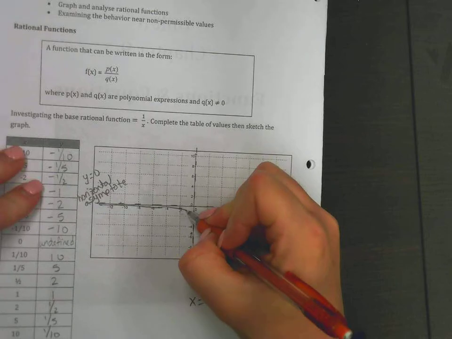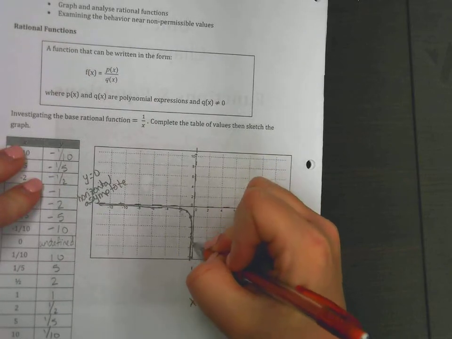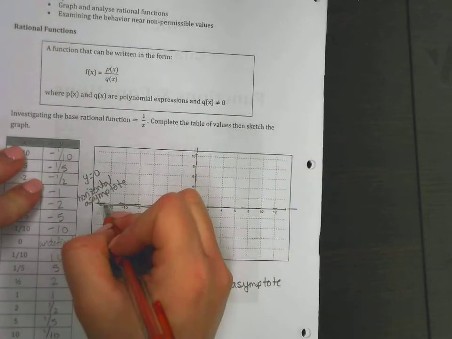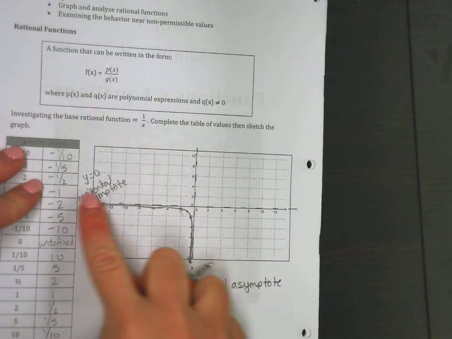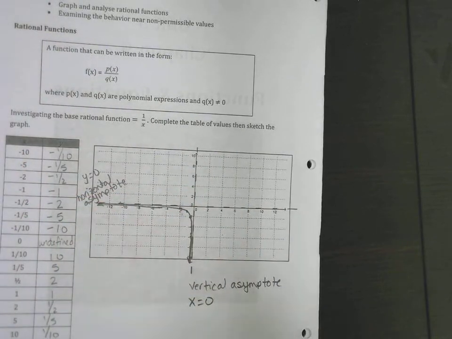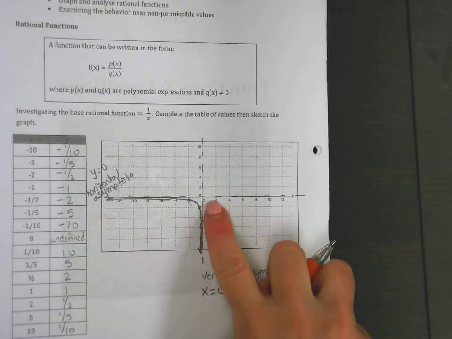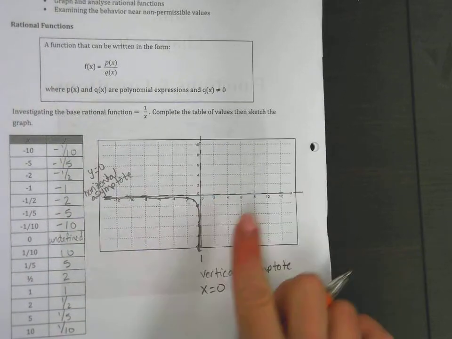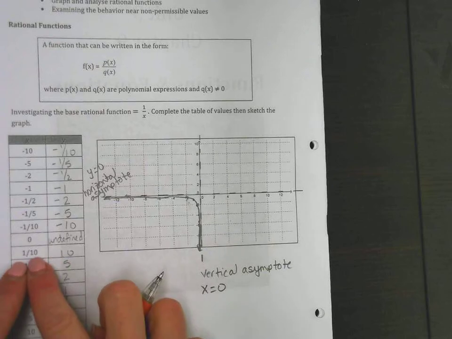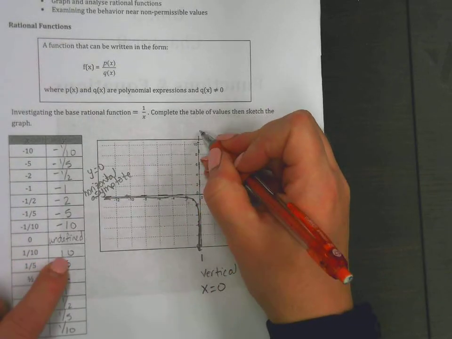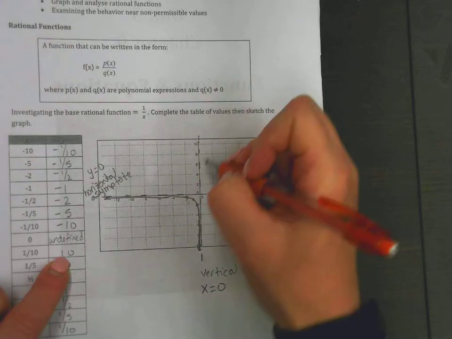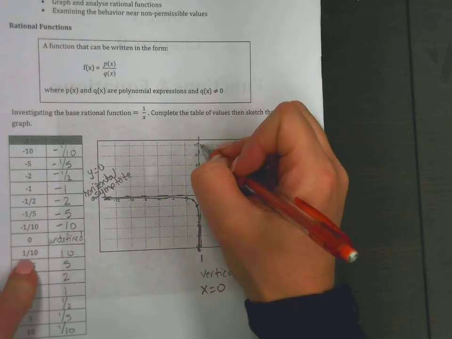Similarly, as our x values now become positive, same kind of thing happens. As our x values are approaching 0, our y values approach infinity. A really small value of x of 1/10 is 10, 1/5 is 5, 1/2 is 2. At 1 we get 1.